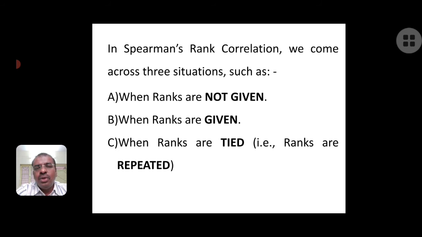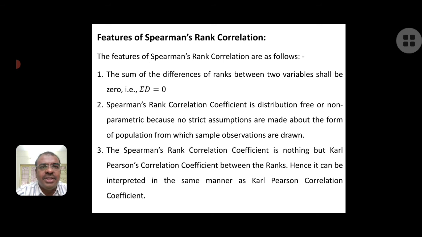For example, two students securing the same mark will get a tied rank. So the ranks repeated could be either 2, 3 or even more than 3. These are the three different situations: when ranks are not given, when ranks are given, and when the given ranks are repeated ranks.